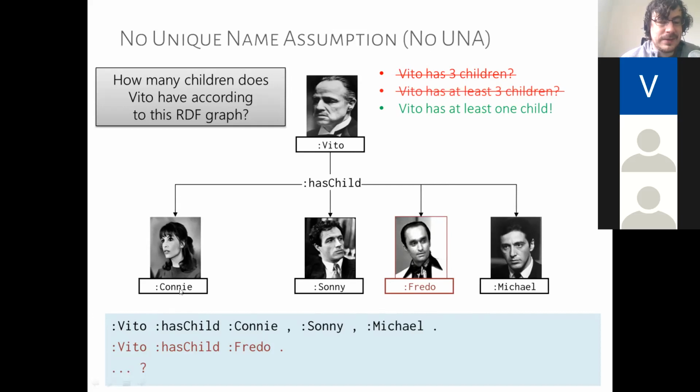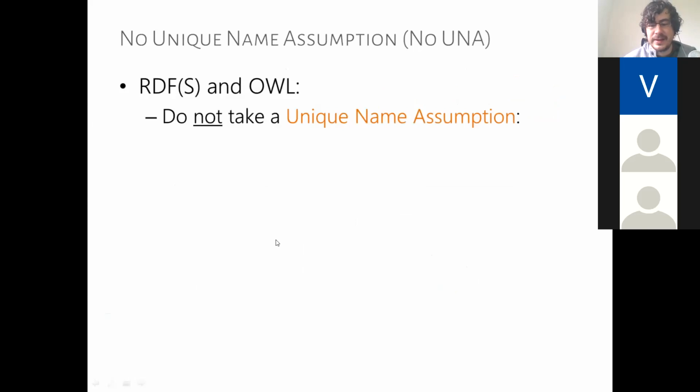So we can clearly and intuitively see that that's not the case here, but it would be a very strong assumption to assume that we have 1 node for each entity or 1 name for each entity, especially on the web, right? So in OWL, we don't assume that these names are unique. We rather consider that these names could refer to the same entity. So this gives us the answer that Vito has at least 1 child, unless we can prove otherwise.